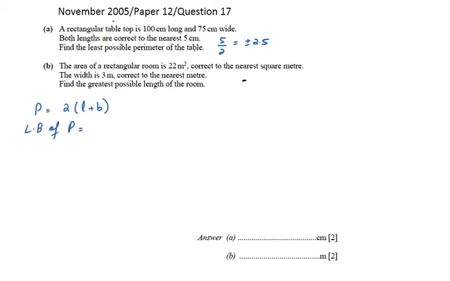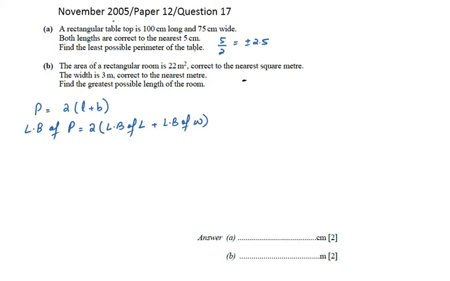To find the lower bound of perimeter, on the right hand side we have a condition of addition. So as we have a condition of addition, we will take the lower bound of both values. So here on the right hand side we will take lower bound of length plus lower bound of width.